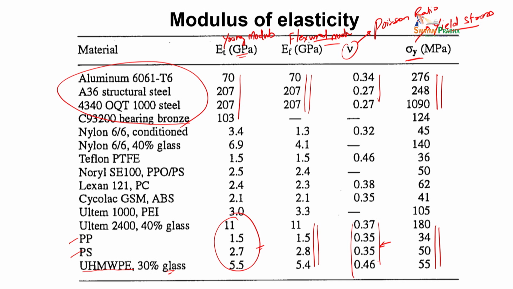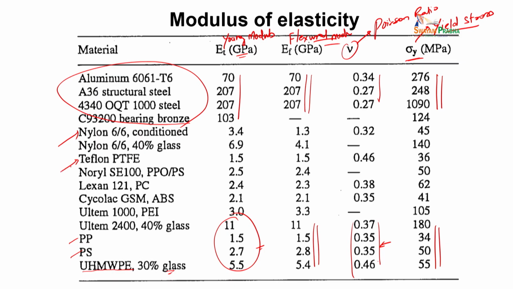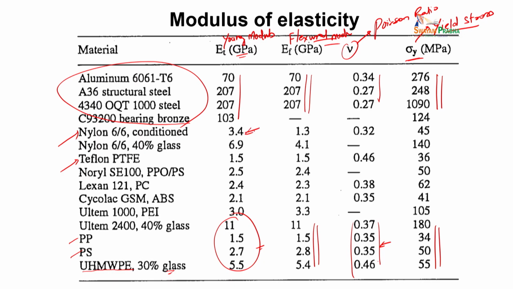In general, suppose you want to compare nylon 66 versus, let us say, Teflon. Okay, let us say you want to make a product, you have a choice of either using Teflon or nylon. So, you basically compare the Young modulus of Teflon and nylon. Of course, nylon seems to withstand more tensile load, and then if you look at the flexural modulus, they are not very different.